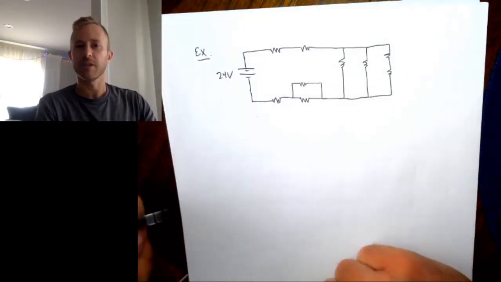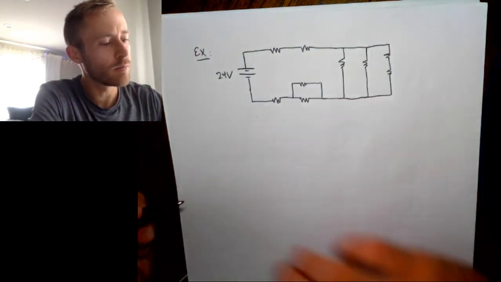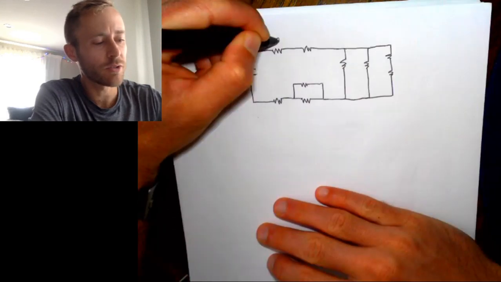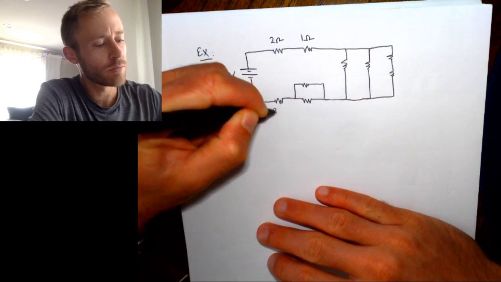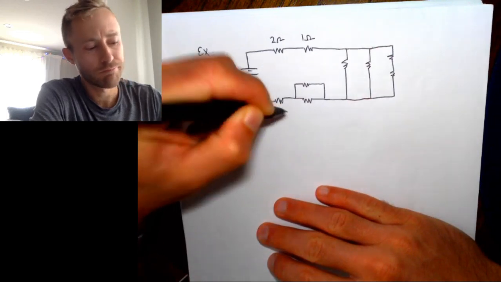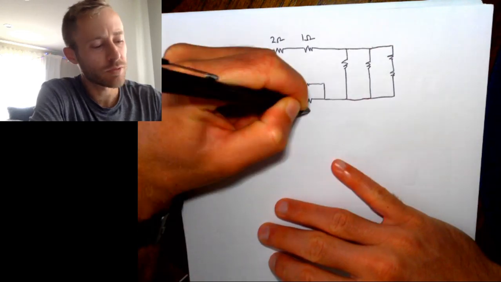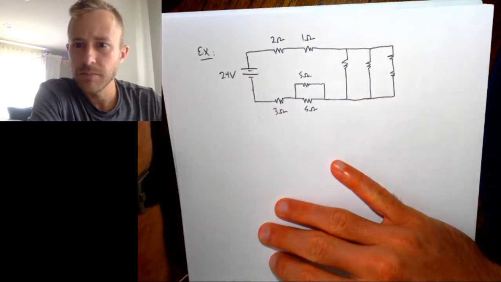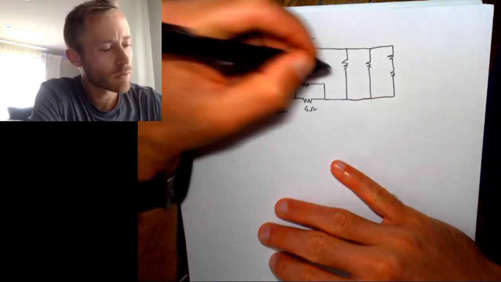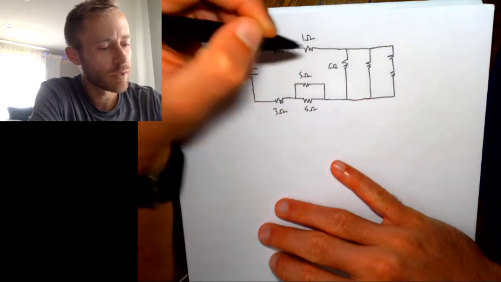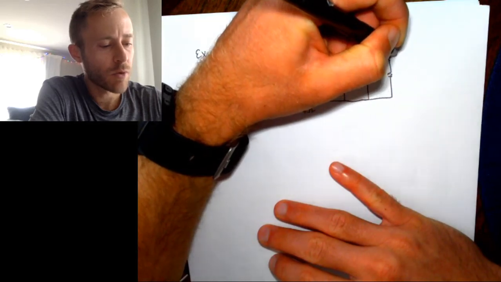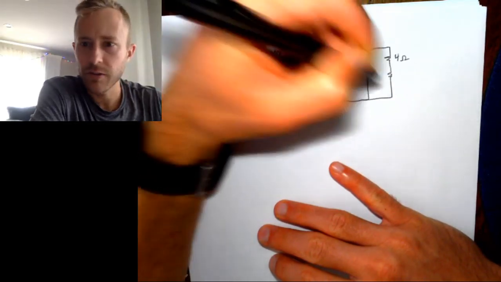All right, something like this. Let me write in the resistance values: 2 ohms, 1 ohm, 3 ohms, 5 ohms, 5 ohms, 6 ohms, 10 ohms, 4 ohms, and 8 ohms.